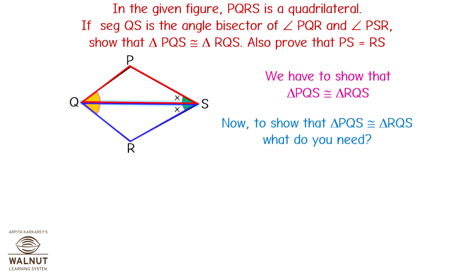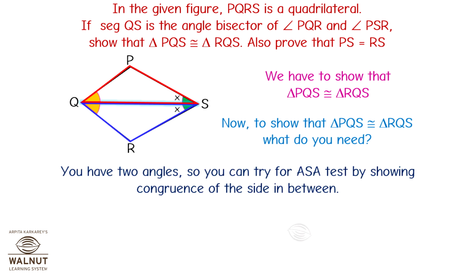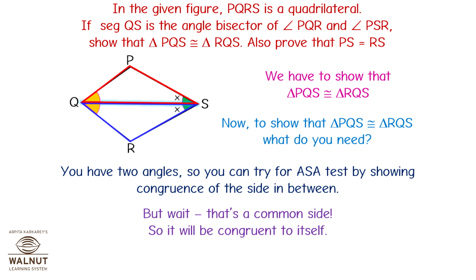Now, to show that triangle PQS is congruent to triangle RQS, what do you need? You need two angles, so you can try for ASA test by showing congruence of the side in between. But wait, that's a common side, so it will be congruent to itself. Great, so let's do it on paper.